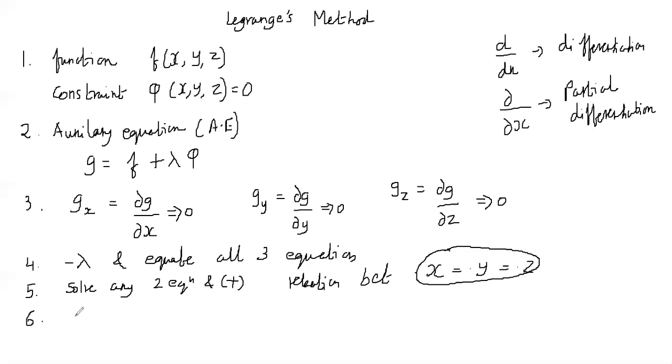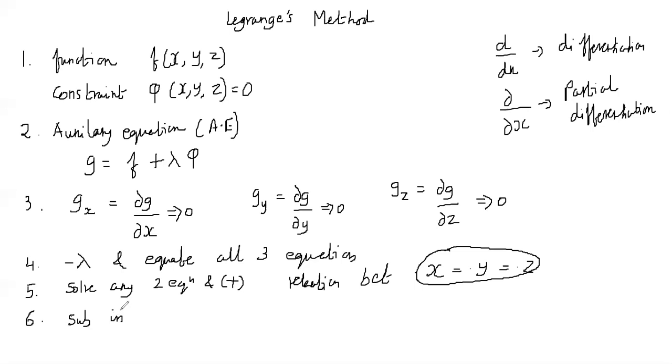x into y into z is equal to some number, for example 192. There are three different variables x, y, z, so we have to substitute all three in terms of one.